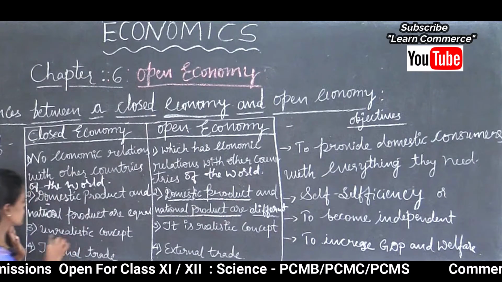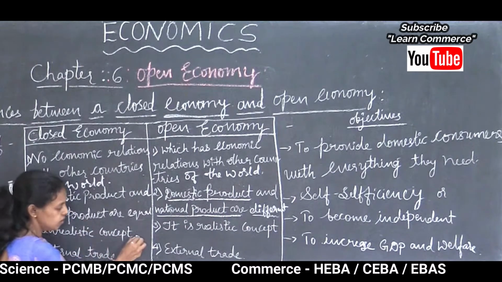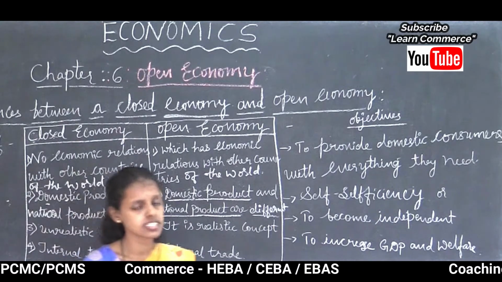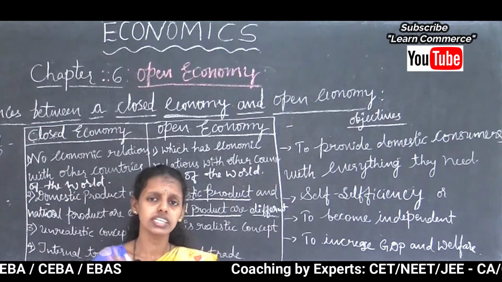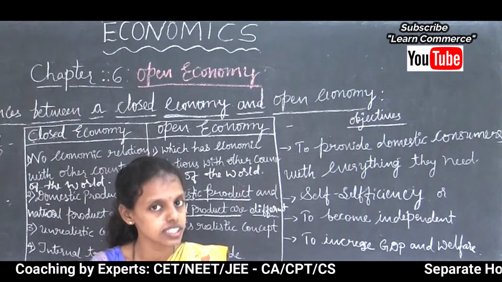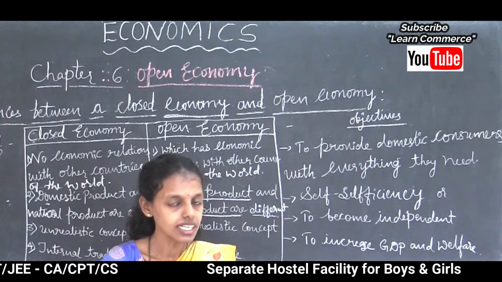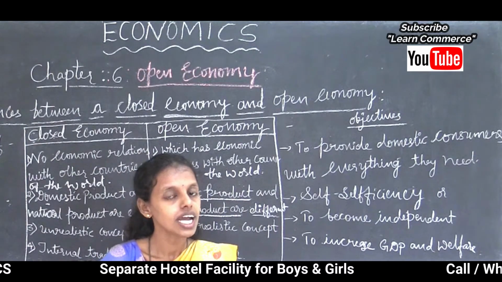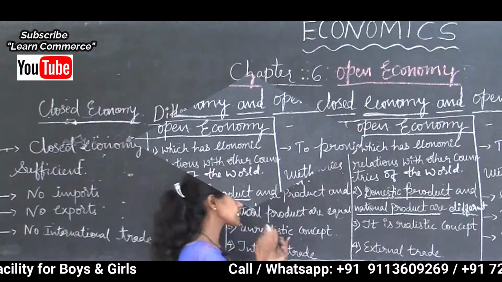Next, a closed economy is an unrealistic concept. Why is it an unrealistic situation? Because each and every country in the world depends on one or other countries for increasing its production and national income, and to maintain healthy relationships or international relations with other countries.